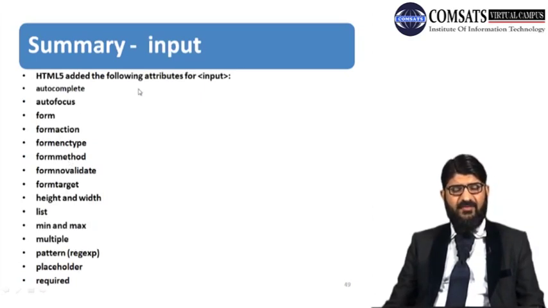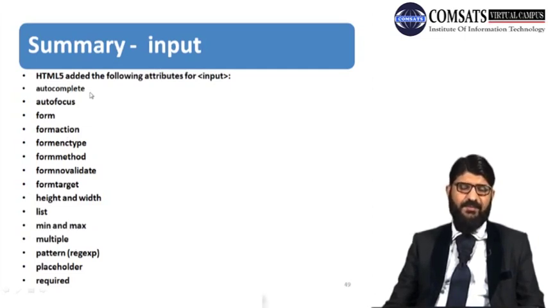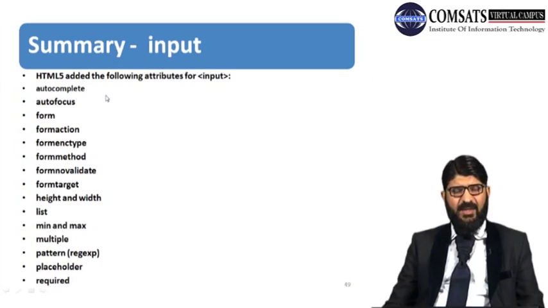HTML5 also has these HTML attributes for input. Number one is autocomplete. When you use this attribute, the form will list the values that are already given. For example, if you mention a value boys, when you write boy, it will list from that and autocomplete with the default value.